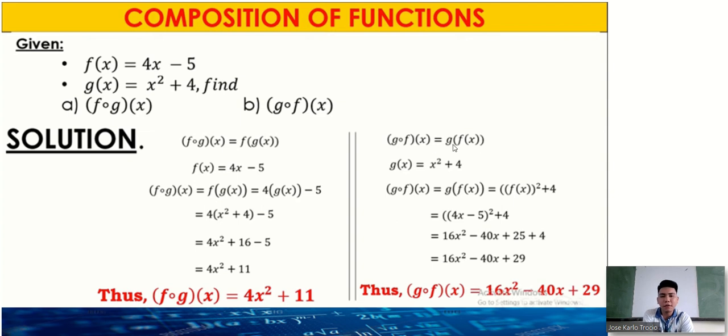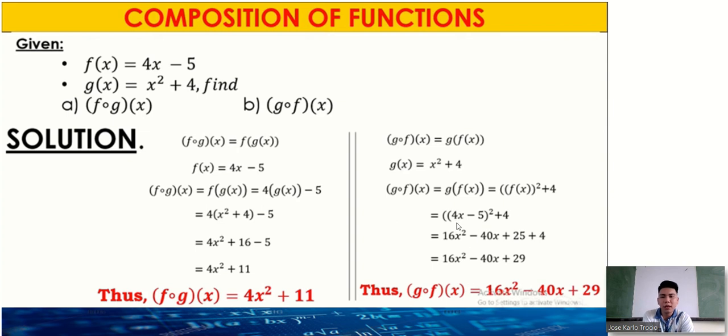So g of f of x now becomes g of f of x. Therefore, the f of x is to be substituted here in this x value. It becomes the quantity 4x minus 5 squared, plus 4.